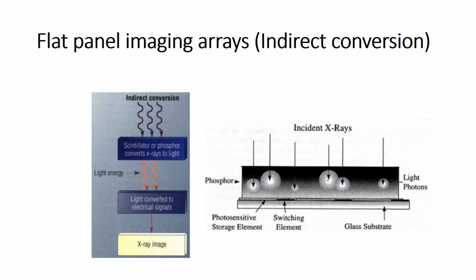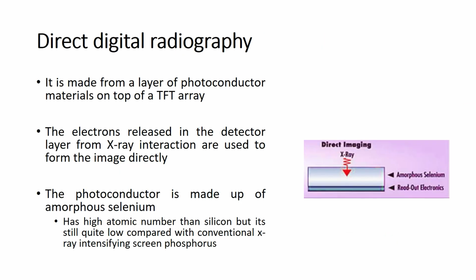That light is converted into an electrical signal, and that electrical signal is processed by a computer and converted into an X-ray image, or a visible image, on a monitor. So, this is the whole procedure of indirect conversion, or indirect digital radiography.